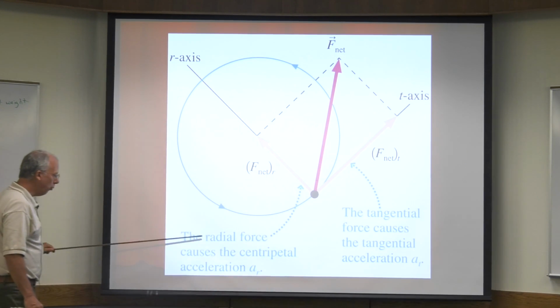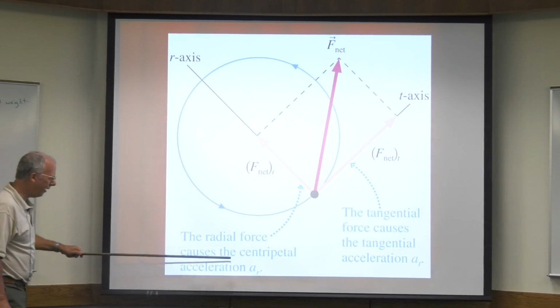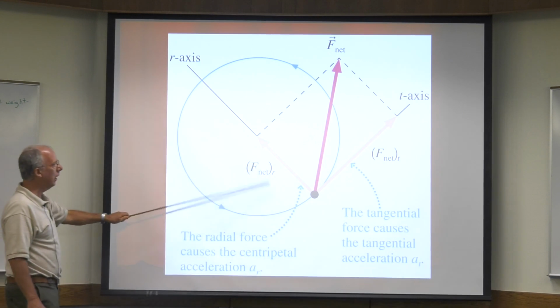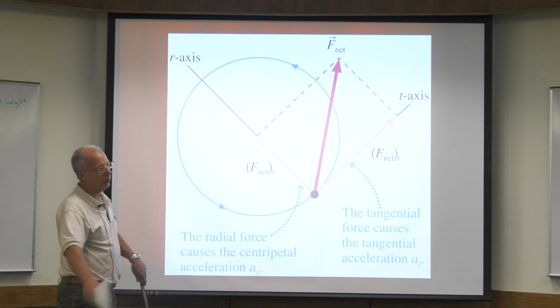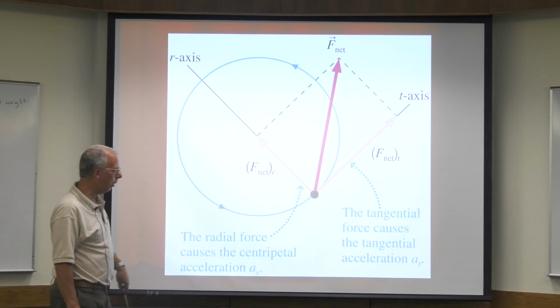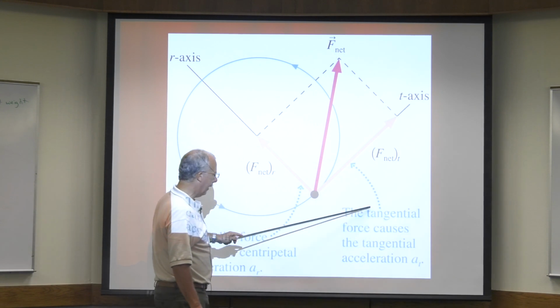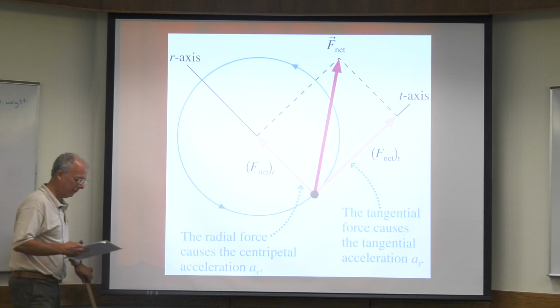The radial force causes the radial acceleration a sub r. So you always have that if you're going in a circle. Now, we're talking about non-uniform circular motion, so either going faster or slower. So now you have this tangential force. So the tangential force causes the tangential acceleration, a sub t.